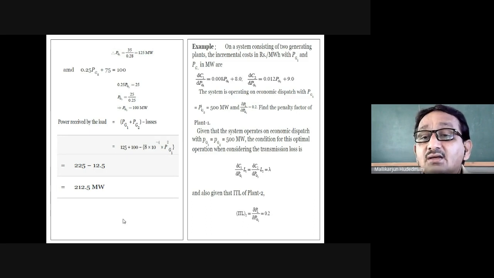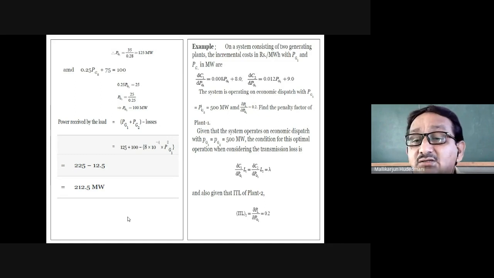Then I should get dou PL by dou Pg1 and Pg2 respectively. For the second machine, dou PL by dou Pg2 is given as 0.2. Using this, I can get L2 as 1 by 1 minus dou PL by dou Pg2.